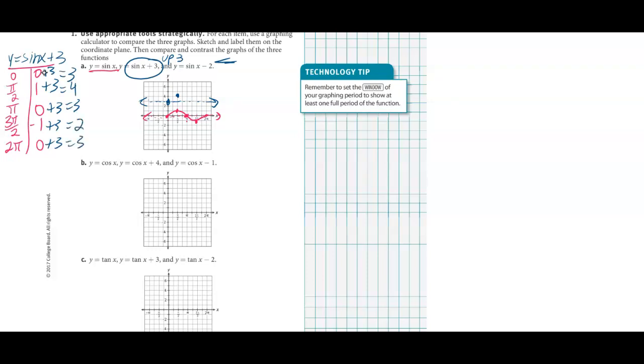And we could sketch those. So you'll notice it's still starting at the midline because it's sine. It's going up first because there's no negative. It's oscillating around our new midline. Y equals 3.